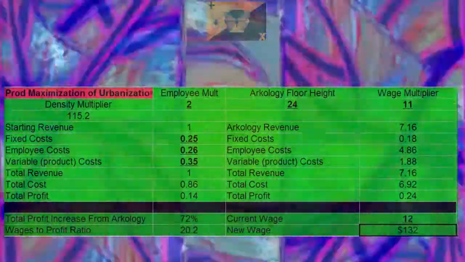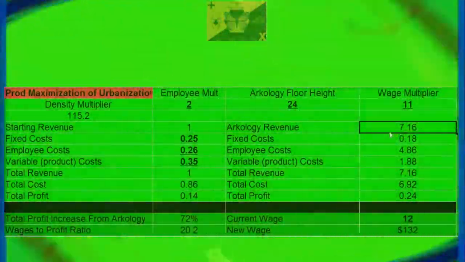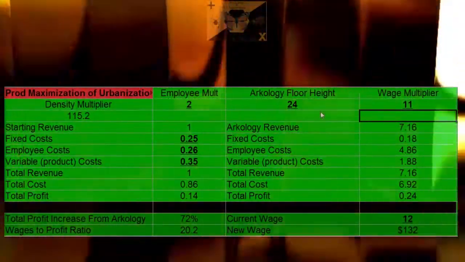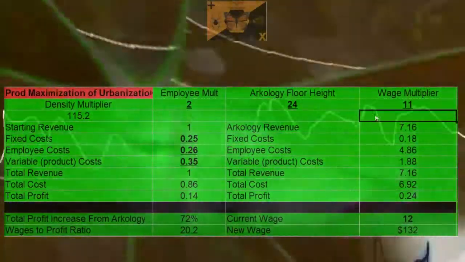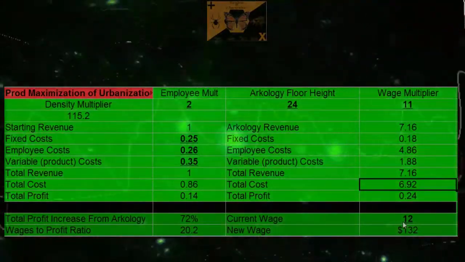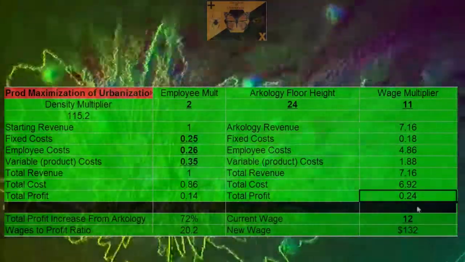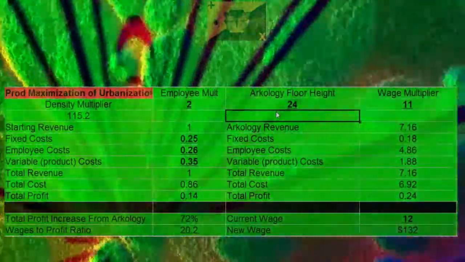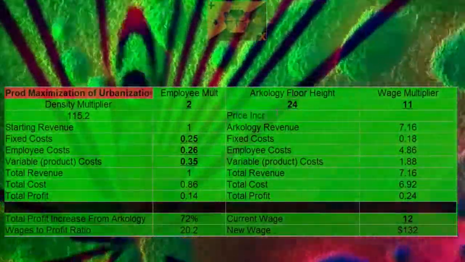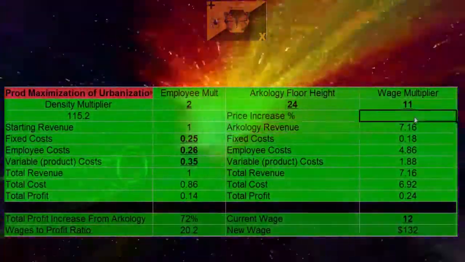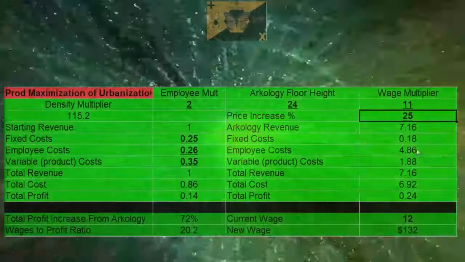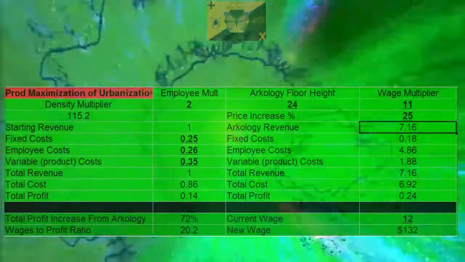Anyway, you could even add another variable on here to multiply the revenue. So you increase your price by 20%, increase the revenue by 20%. And then we could just do it right now, actually. Let's say 25%. Label that a variable.